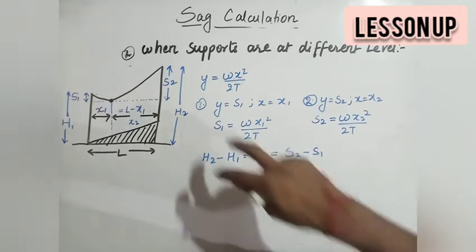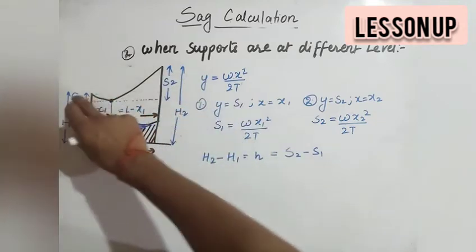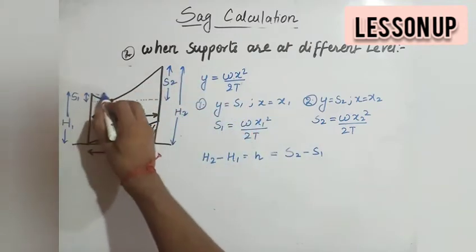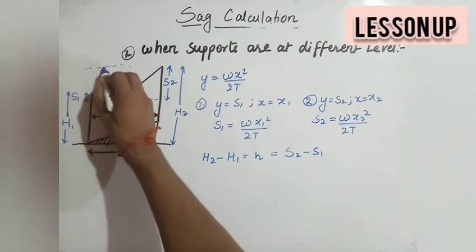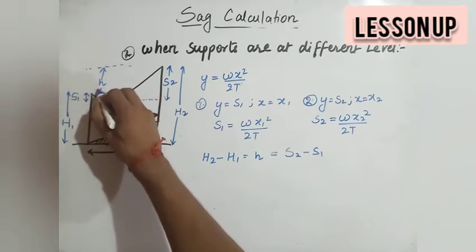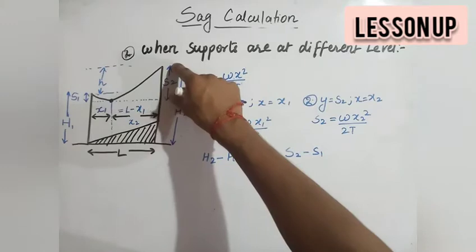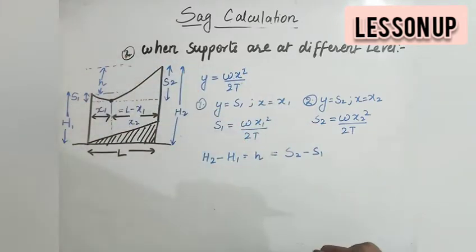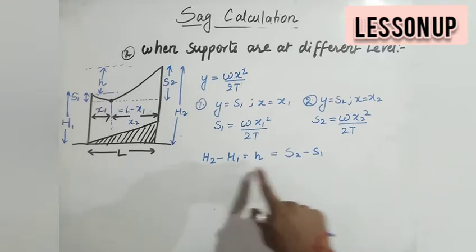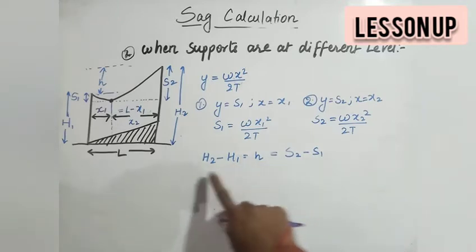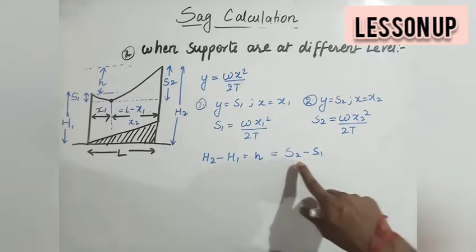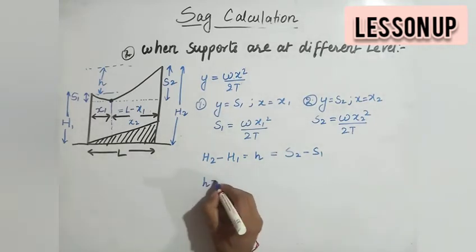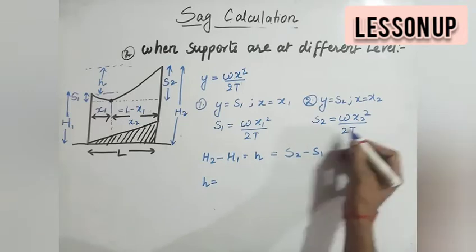If you subtract the height of the second support and the height of the first support, you will get some height, and similarly with the sag, the difference between these two sags is h. So we can write h is equal to s2 minus s1, this minus this.